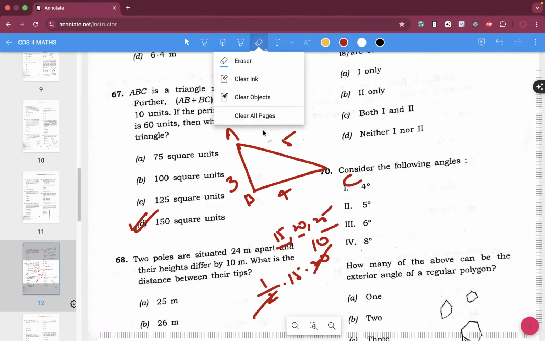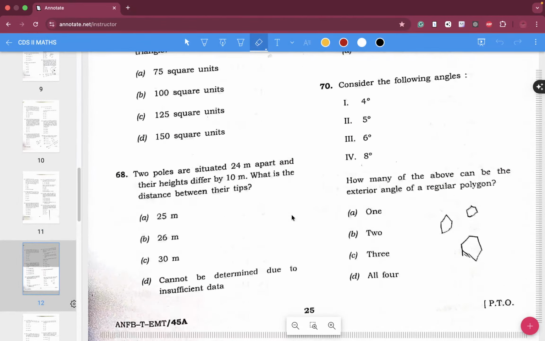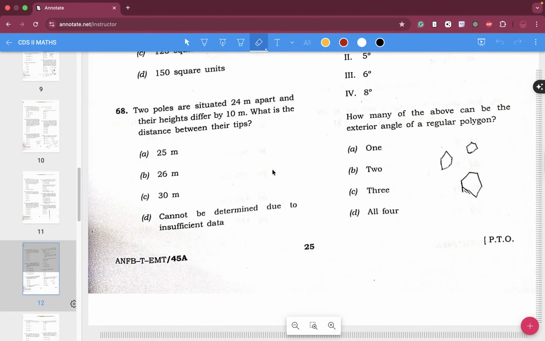Now we'll move to the next question. Two poles are situated 24 meters apart, and their heights differ by 10 meters.